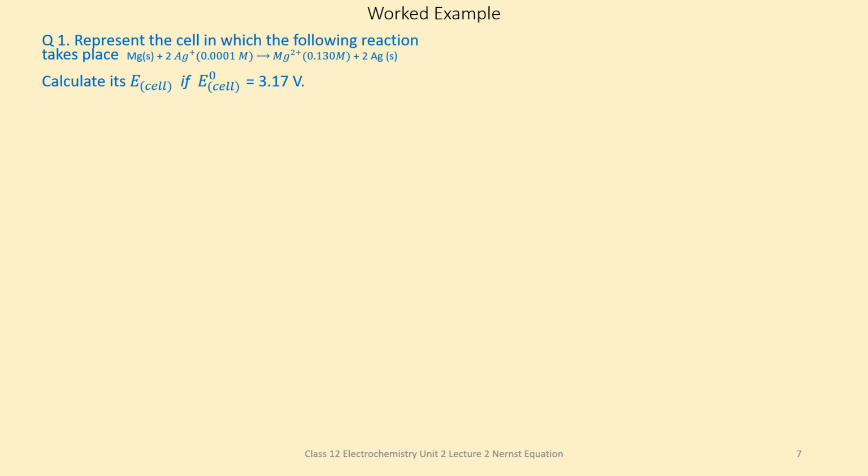Please note from the screen that the concentration of Ag+ is given as 0.0001 M and the concentration of Mg2+ is given as 0.130 M. So we have to calculate the electrode potential of the cell if the E naught cell, that is the standard electrode potential of the cell, is given as 3.17 volts.